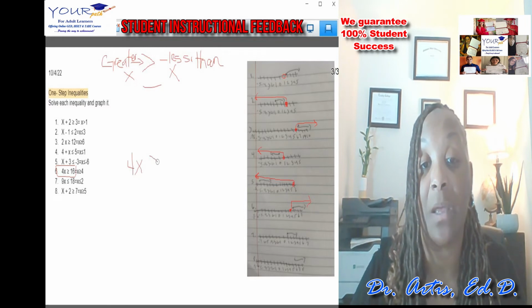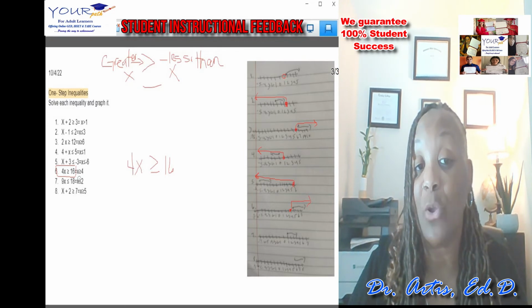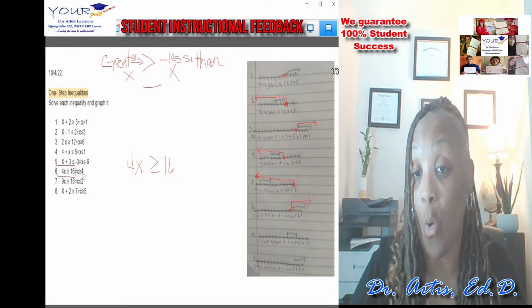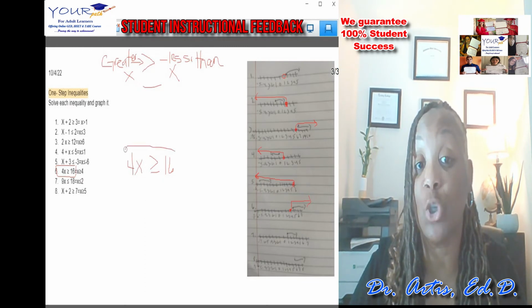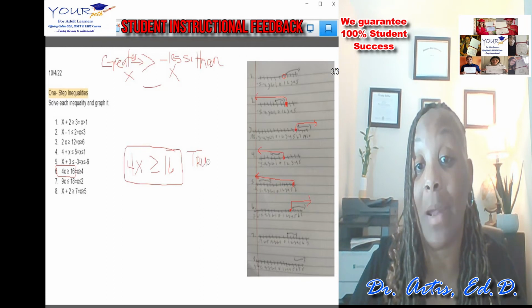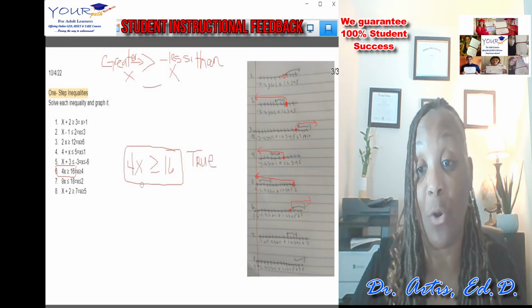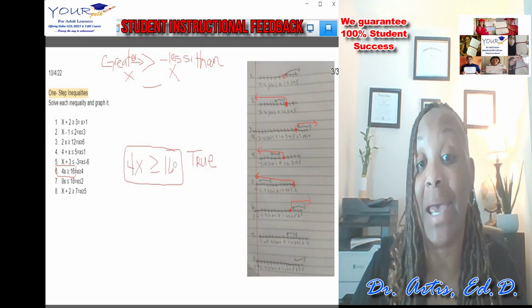So if 4x is greater than or equal to 16, and we said that the value of x would be 4 or any number greater than 4 to make this equation true, then we can insert the 4 in place of the x, or any number greater than 4 in place of the x, and we will actually get a true statement.